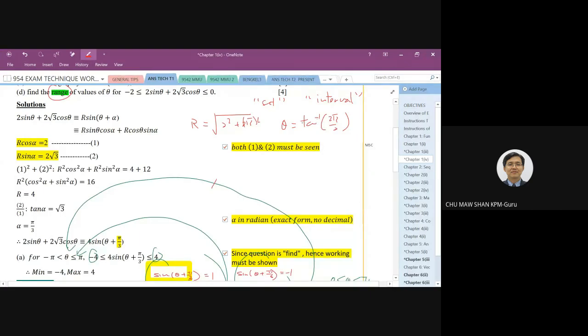Yeah, Mr. Chu, using direct formula. Yeah, we use direct this formula? Yes, yes. Can. I think we have a very experienced teacher also. If I answer wrongly, please correct me. If you want to write in this way, you must make sure you sub everything inside the square root correctly.